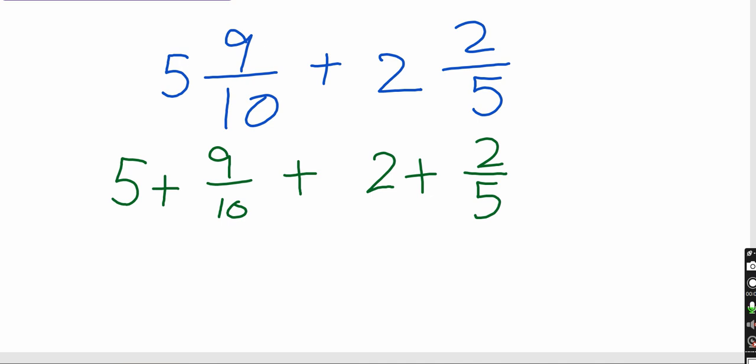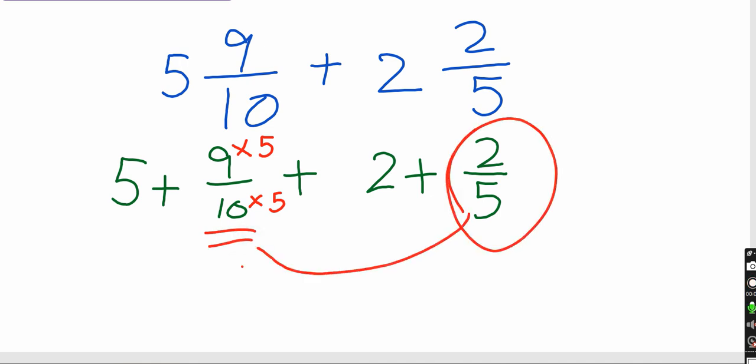Now what will I do? I have to make this 10 and 5 the same. What will I do? I will multiply this whole fraction by 5. 5 comes from here. And this is number 10. So I will multiply this whole fraction with this number 10.